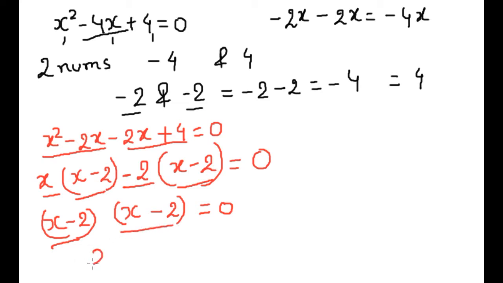So we can write x minus 2 whole square. Exponent is 1 and exponent is 1, so 1 plus 1 is 2, is equal to 0. So this is our factorization. If you break this, then you will get the solution.